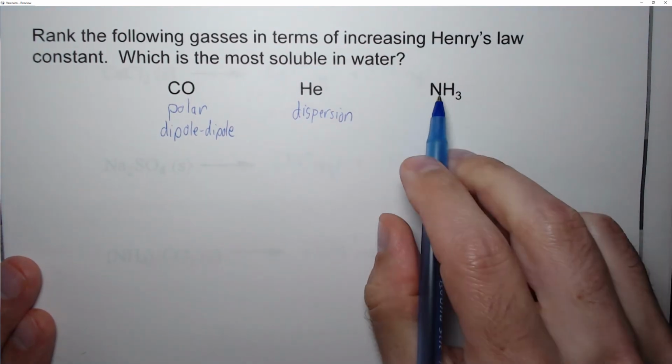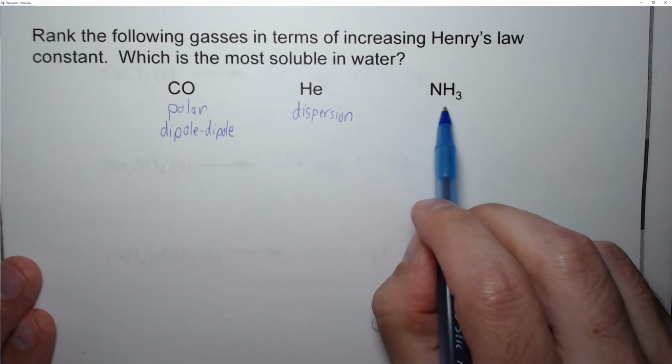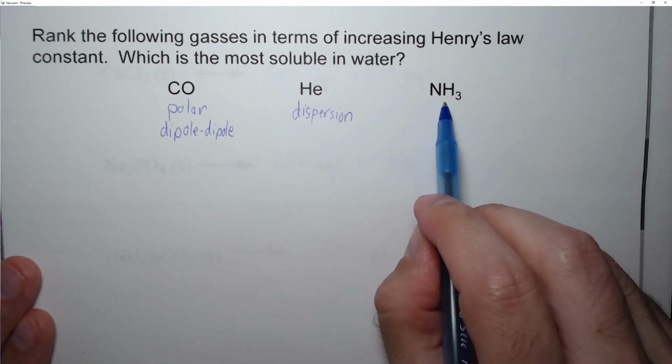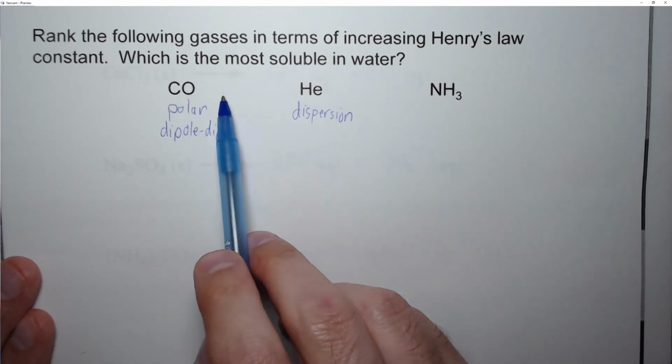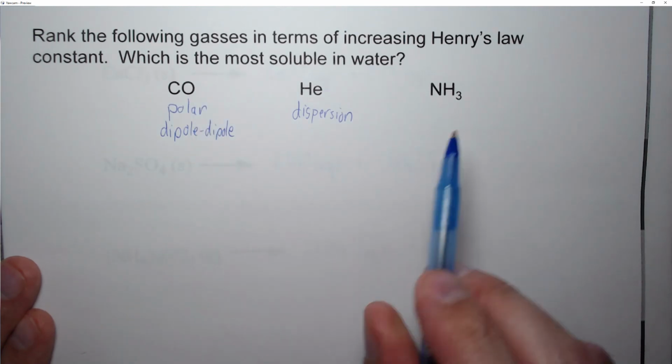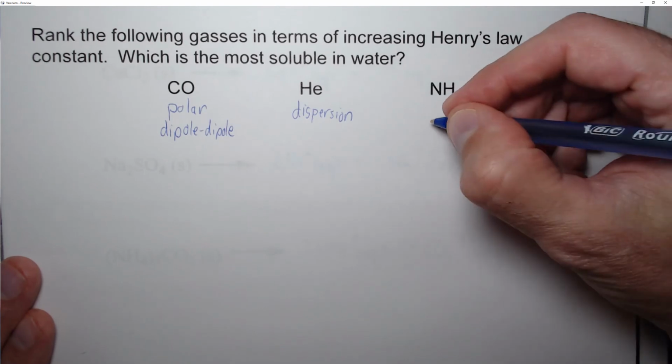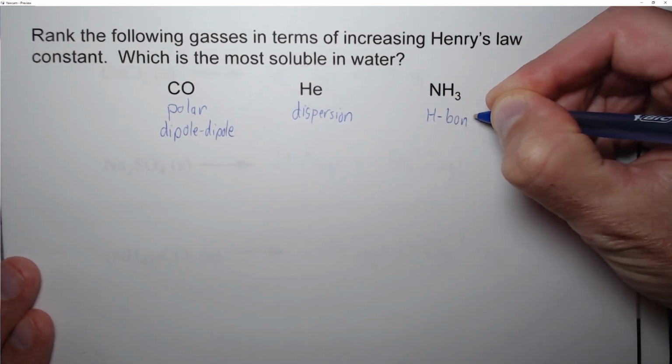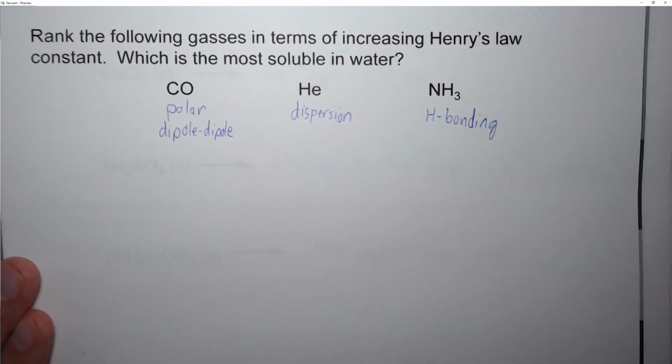What about ammonia? Ammonia is capable of hydrogen bonding with water, okay? To some extent, CO is capable of hydrogen bonding with the oxygen, hydrogen bonding to the hydrogen of water, but ammonia can more strongly hydrogen bond, and it has hydrogen bonding intermolecular forces.